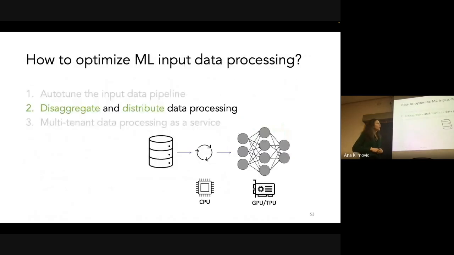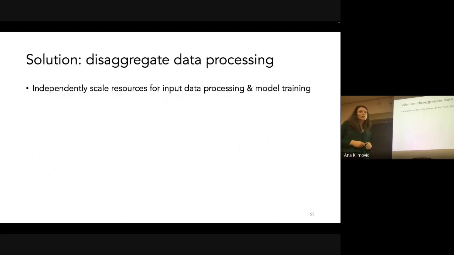Okay, great. So we talked about, if you're given a fixed amount of compute and memory on that node, you can figure out how you delegate it to different operators. But at some point, you may just not have the right ratio of host to accelerator resources. So what we'd like to do is independently scale CPU and memory for data processing from the accelerators we need for model training.